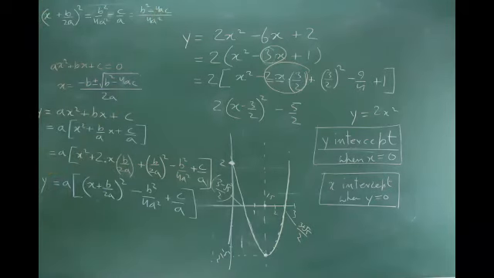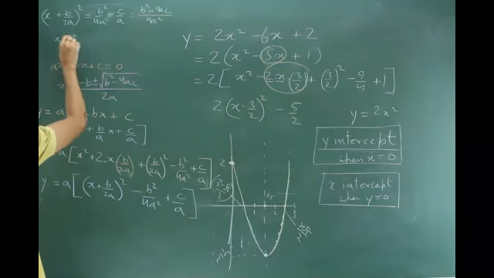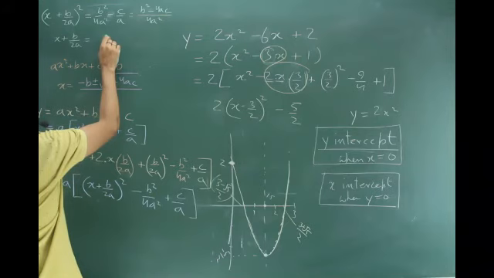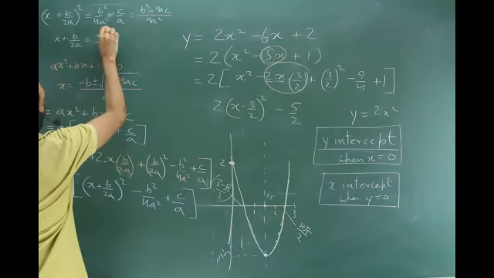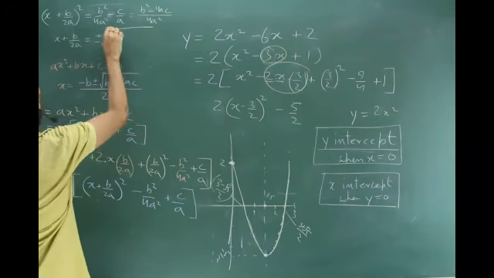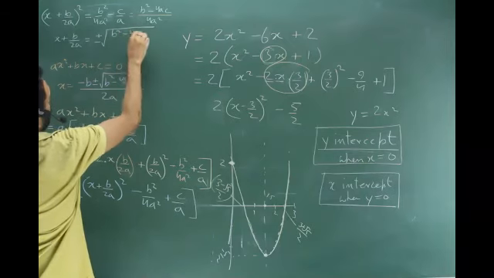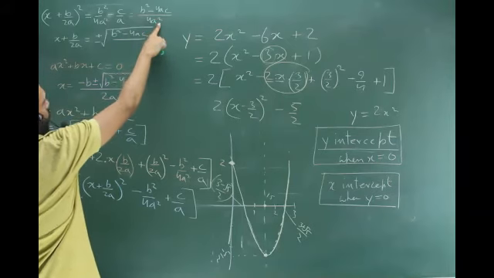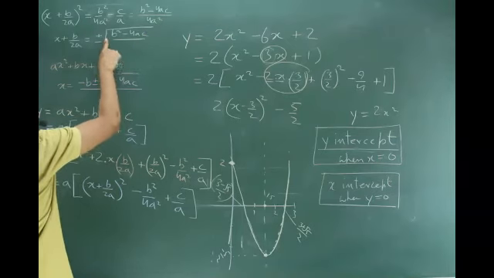Almost there, right? I do a square root on both sides. What do I get? x plus b by 2a is equal to plus minus under root of b square minus 4ac, and under root of 4a square will be how much? 2a.